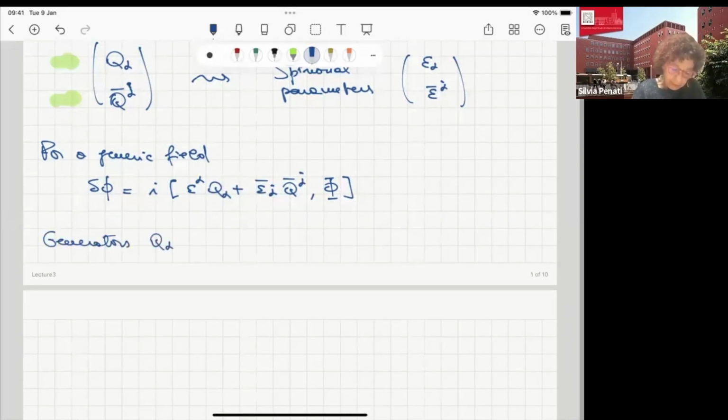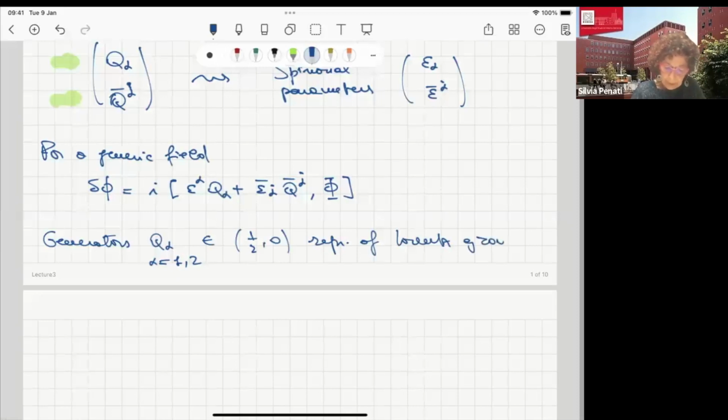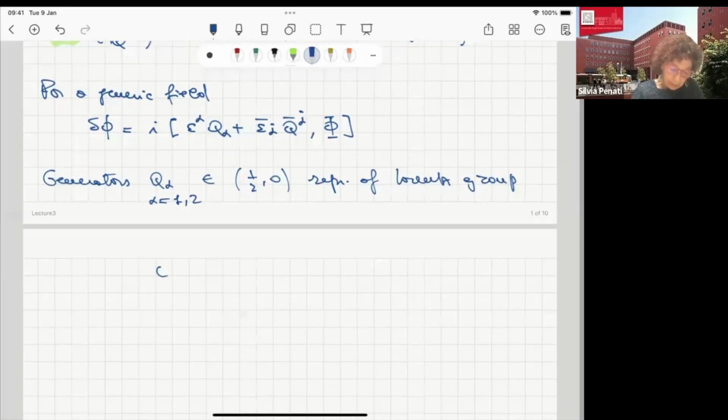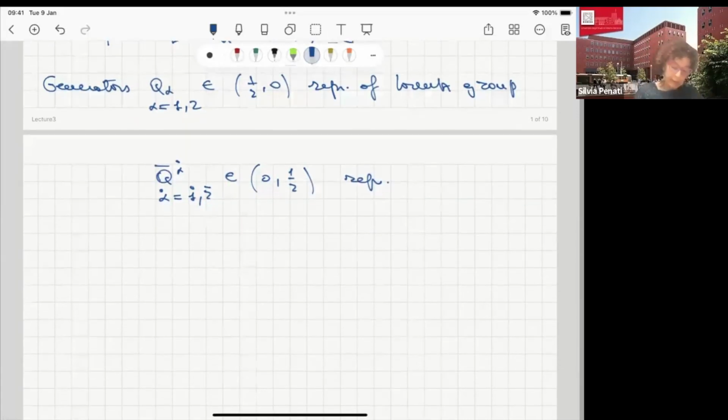Q alpha, remember that alpha is equal to 1 and 2, is in the 1/2, 0 representation of the Lorentz group. And similarly, Q bar alpha dot, where alpha dot is equal to 1 dot and 2 dot, belongs to the 0, 1/2 representation.